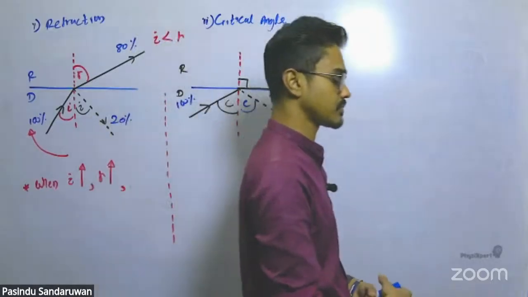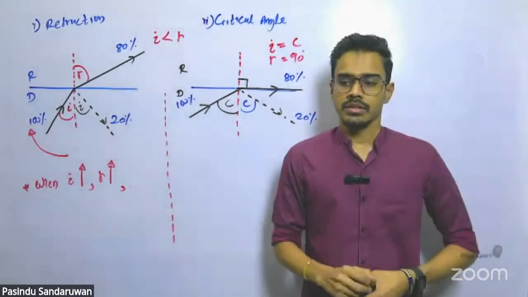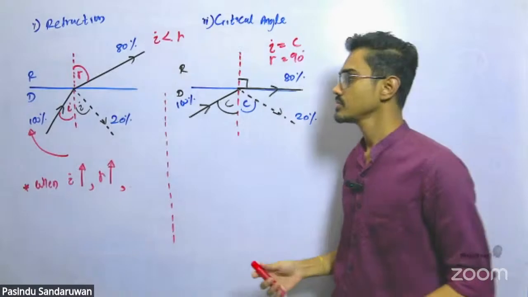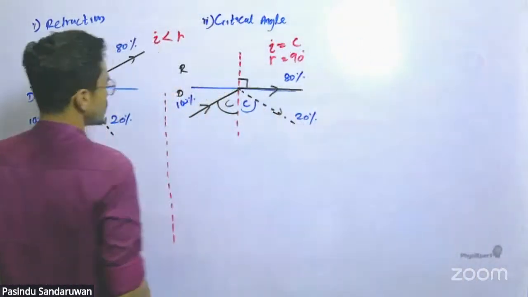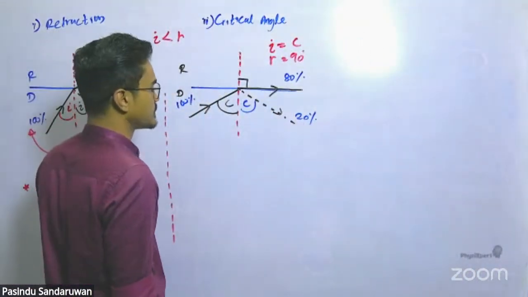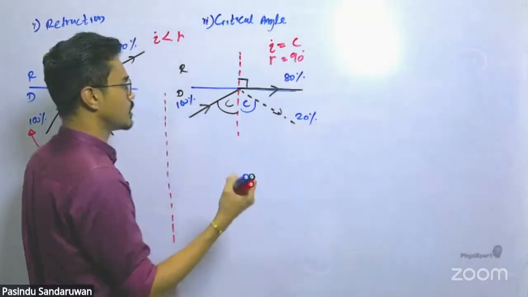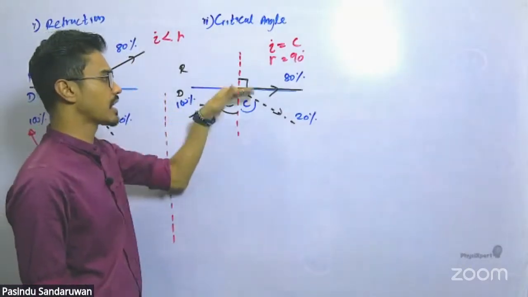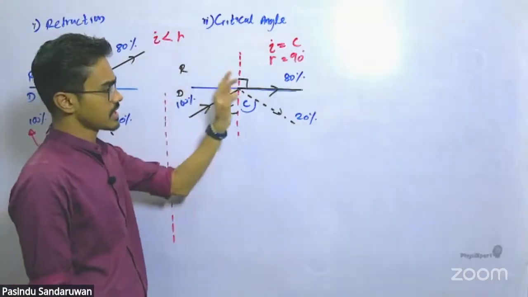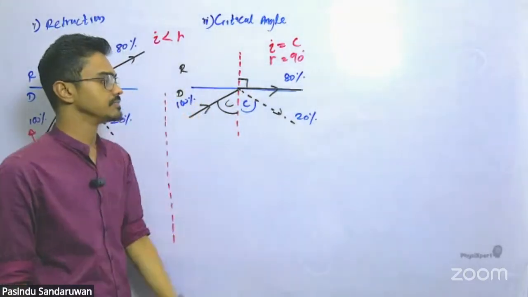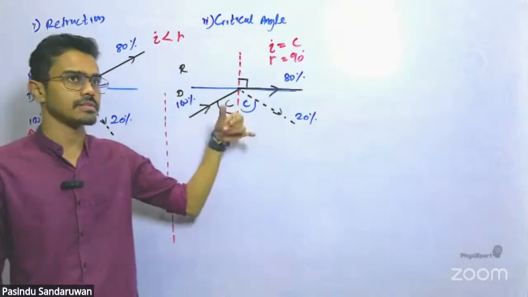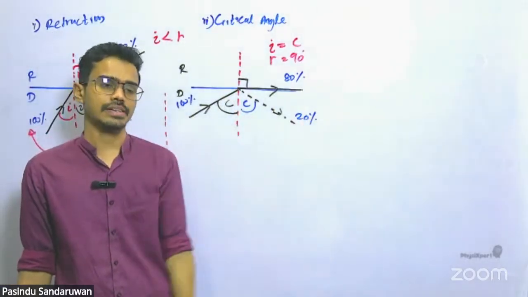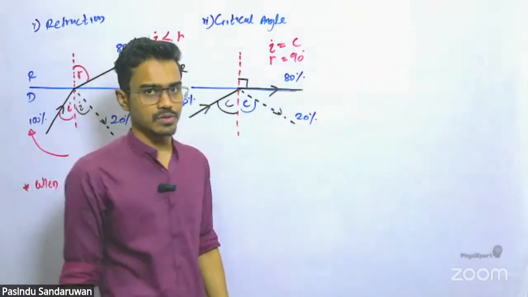Listen. Now, a question again. This is what happens when light travels from dense to rare. Now, what if the vice versa occurs?